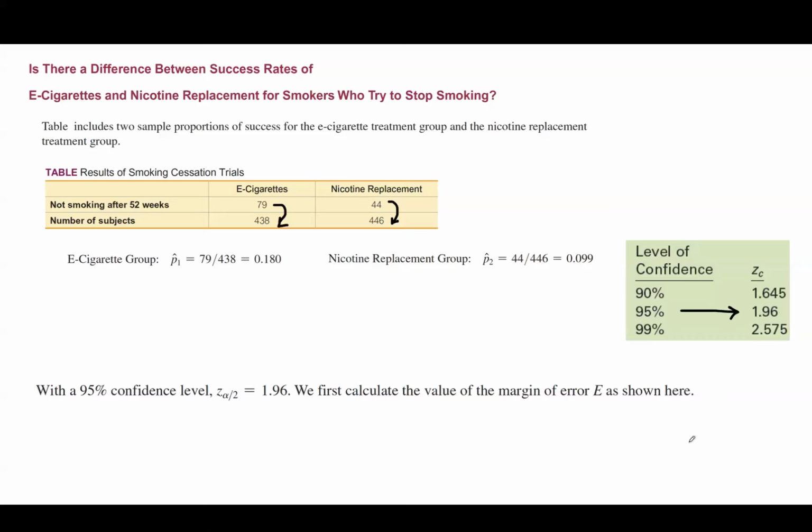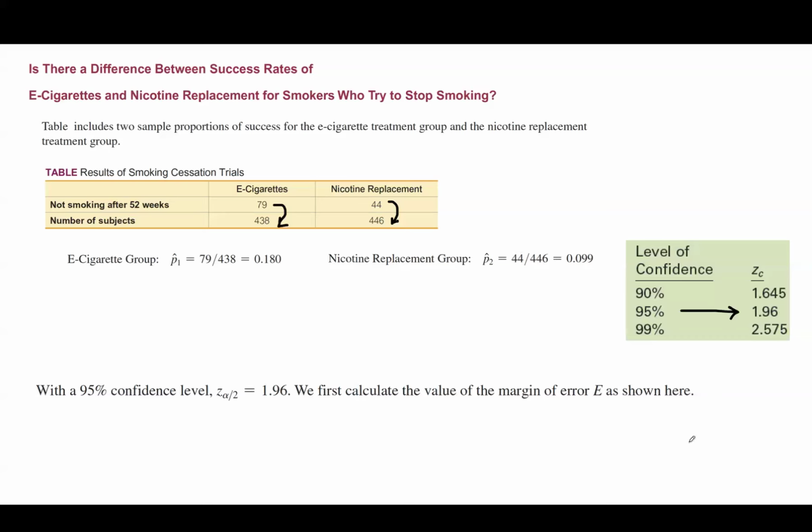So we basically calculated the margin of error. Now we can move on to the next page. The difference between population proportions is bounded between the difference between sample proportions minus the margin of error and the difference between sample proportions plus the margin of error.